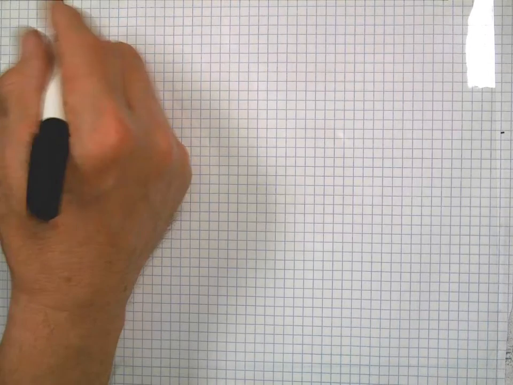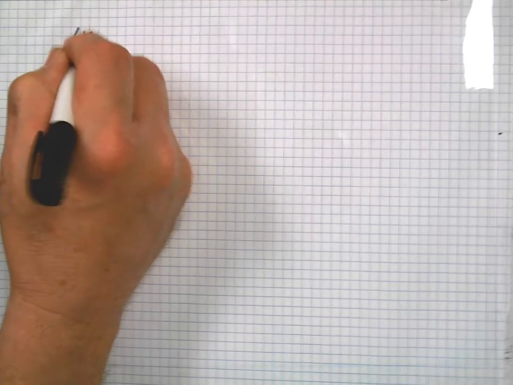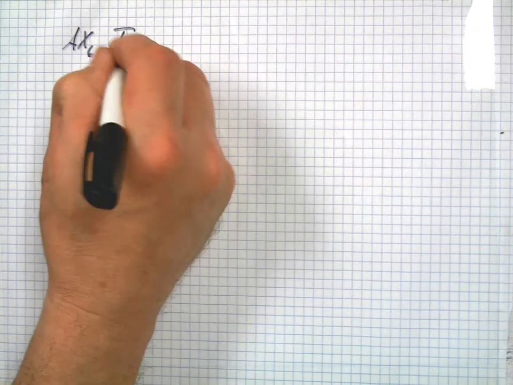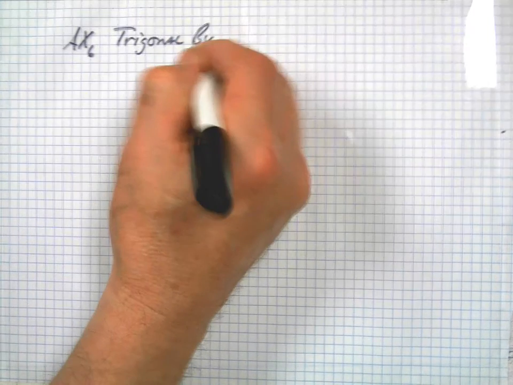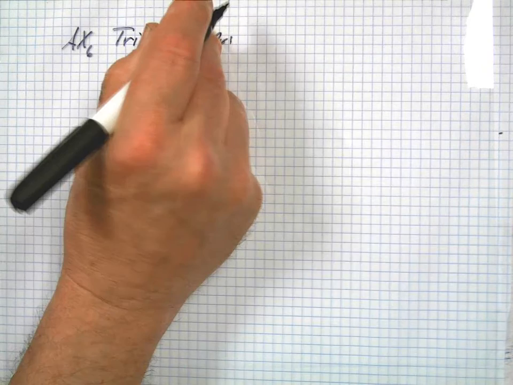And what happens is the valence shell undergoes what we call hybridization, to accommodate geometry and the electrons. And this is what this means. We're talking about an AX6 trigonal bipyramid. That's BI.